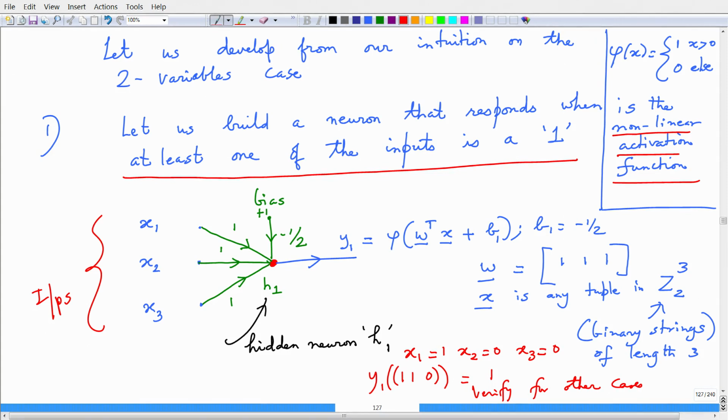Now, we have gotten a feel. Now, our goal would be to start with a neuron that responds to at least one of the inputs to be a 1, then we will complicate this to construct a neuron that responds when at least 2 of the inputs are 1, so on and so forth, and in the process we get a feel how to get the required function signals that we want, right.